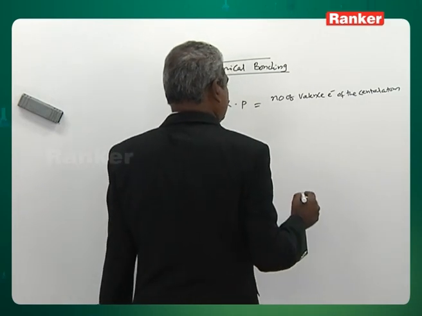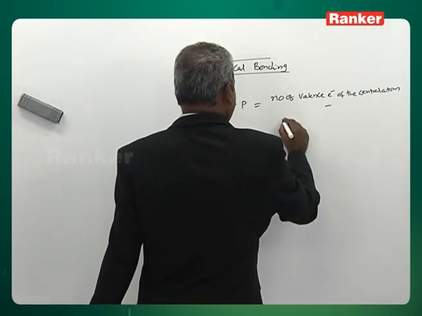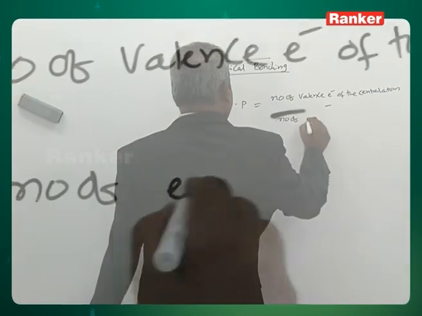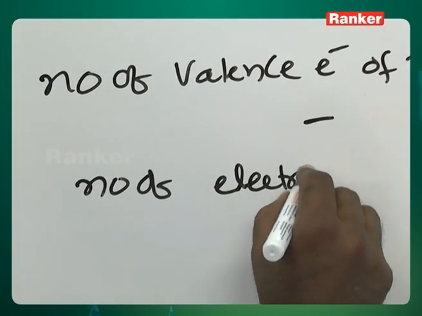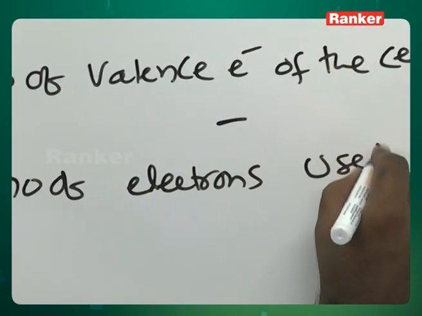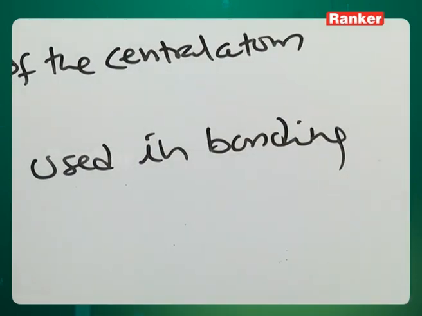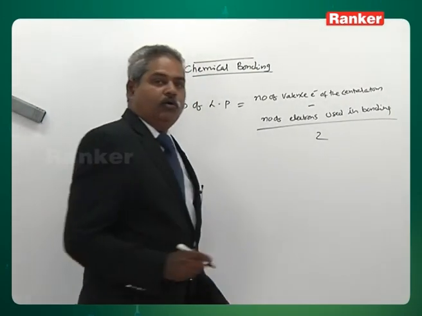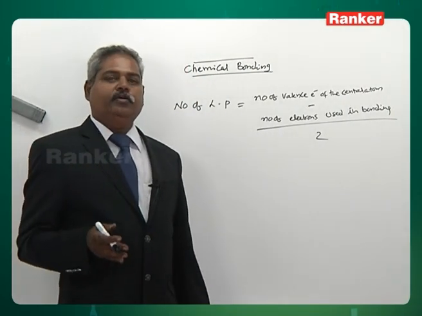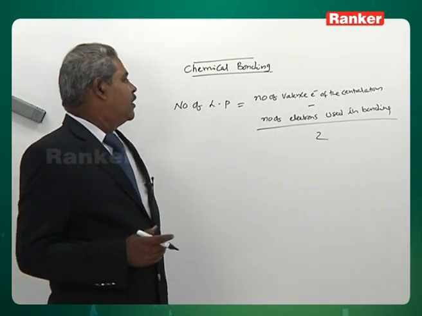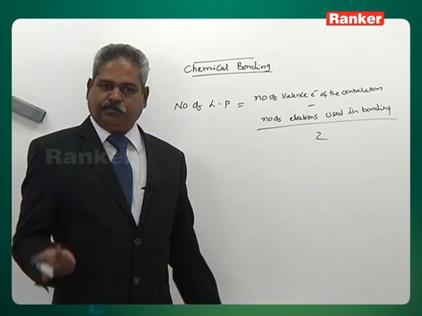Number of valence electrons of the central atom minus number of electrons used in bonding, divided by 2. It means how many you have spent, and how many pairs are remaining, as simple as that.